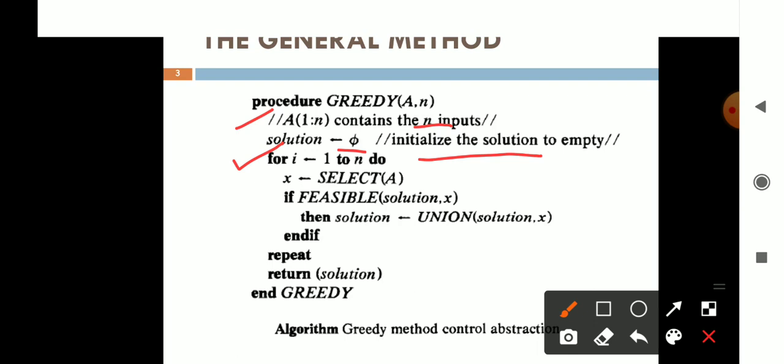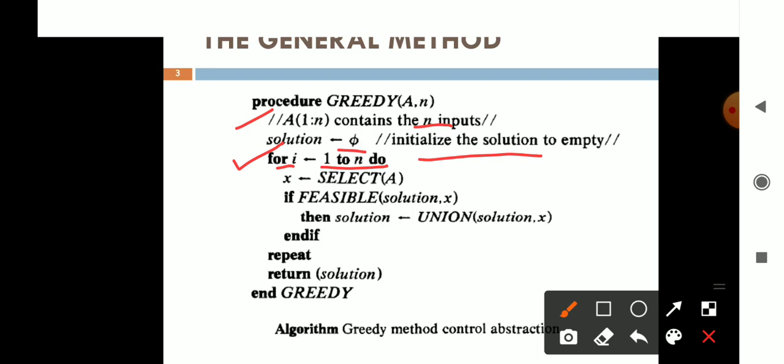For that purpose here we are initializing i from 1 to n. Now here we have multiple choices, n is the input here. Multiple sets of solutions are given and we are going to find out which is feasible or not. If it is feasible, we are going to put it into the solutions there.